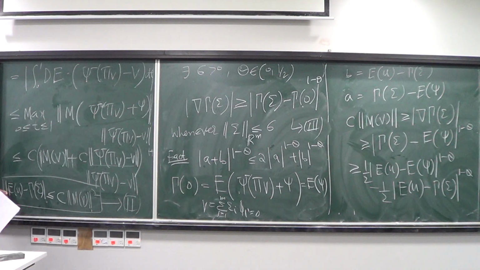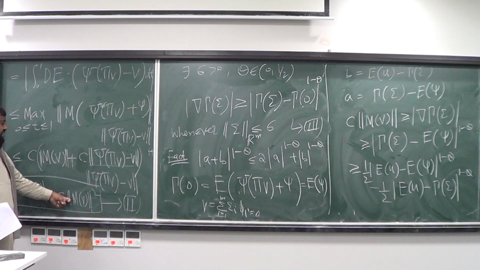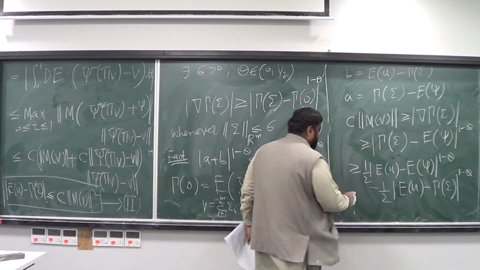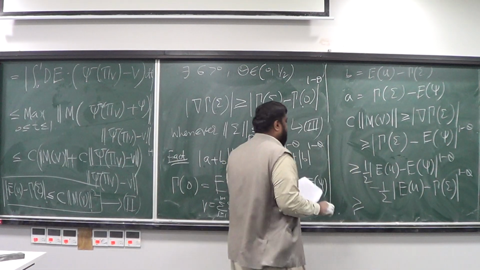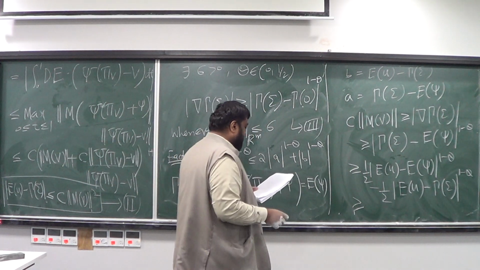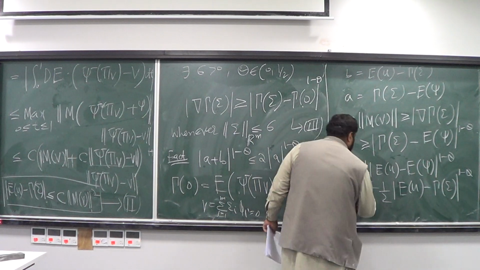So if you multiply this by minus 1/2, this will become greater than or equal to minus 1/2 times c, and let's call it again c, of m of v squared.